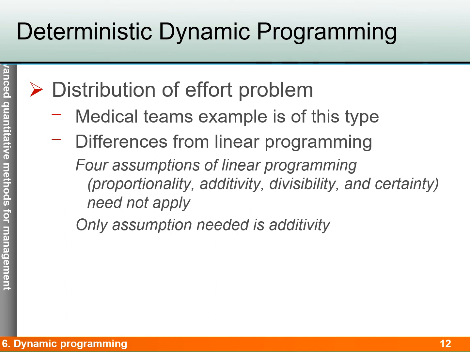At first glance, this example may appear not to be a deterministic dynamic programming problem because probabilities are involved. But it does indeed fit our definition because the state at the next stage is completely determined by the state and policy decision at the current stage.